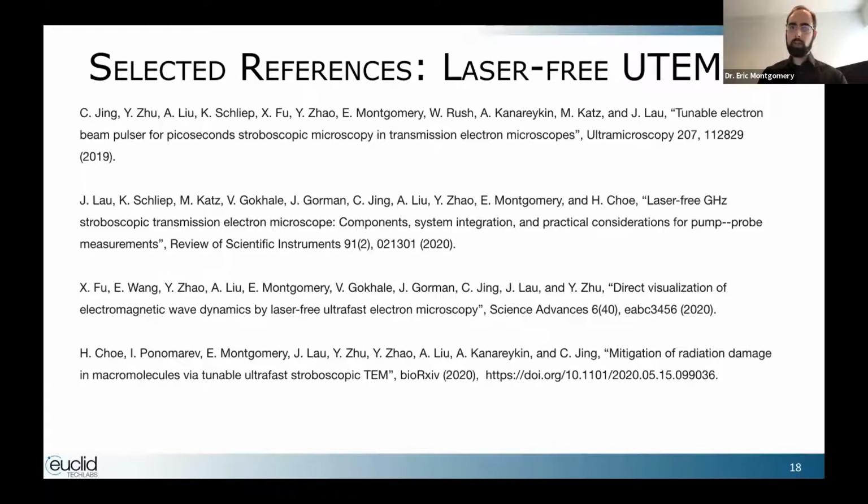The shortest I've seen in the literature, and I've certainly not performed a comprehensive survey, is, as I mentioned during the talk, a 50 femtosecond laser pumping a photoemitter with a resulting 200 femtosecond electron pulse. It could be possible to go a bit shorter than that, but that's roughly the current state of the art.